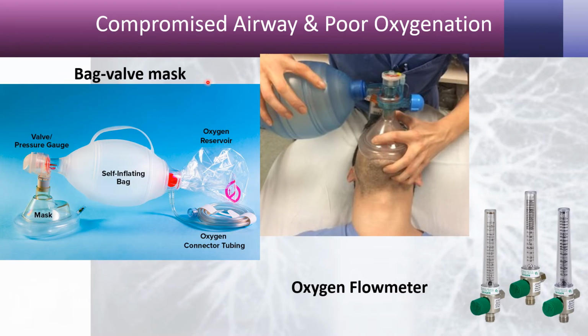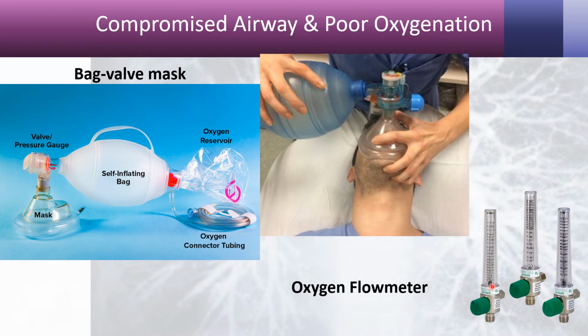Now, we use different equipment when our patient has a compromised airway and poor oxygenation. The most commonly used is the bag valve mask. Here, this is the self-inflating bag. Here's the oxygen reservoir that we need. And this is the pressure gauge valve. We have to connect this oxygen connector tubing to the oxygen flow meter.